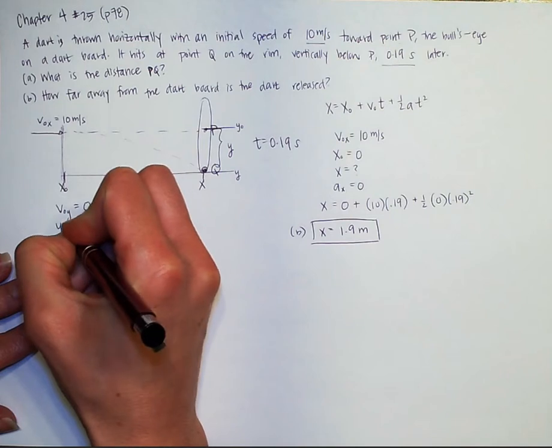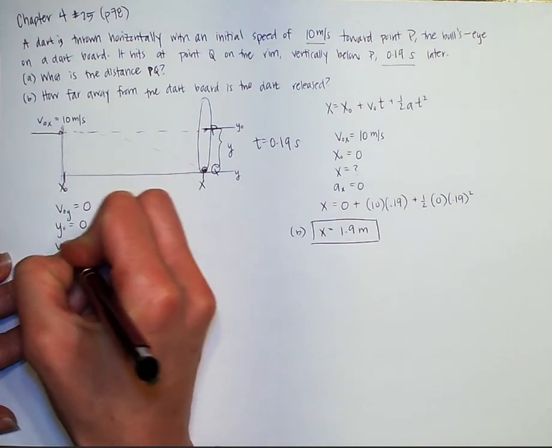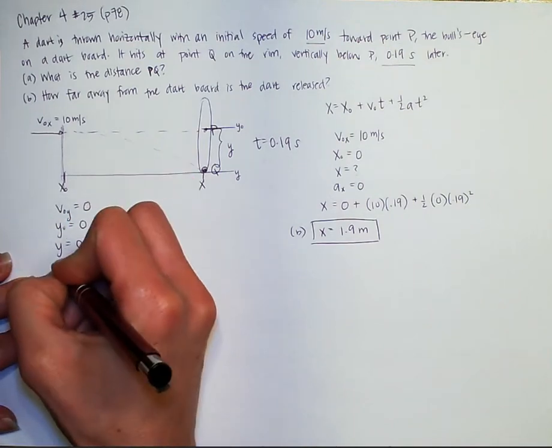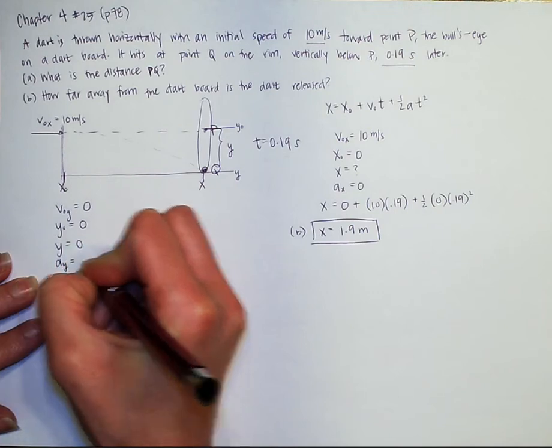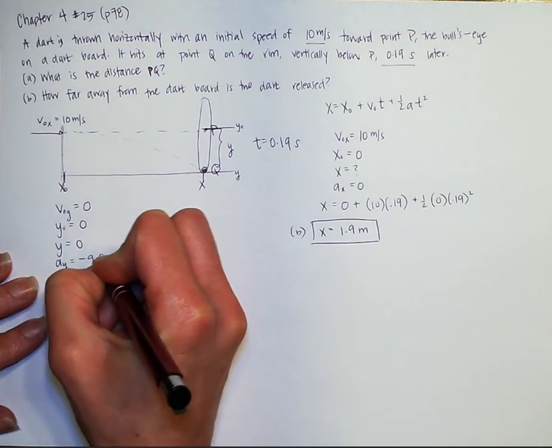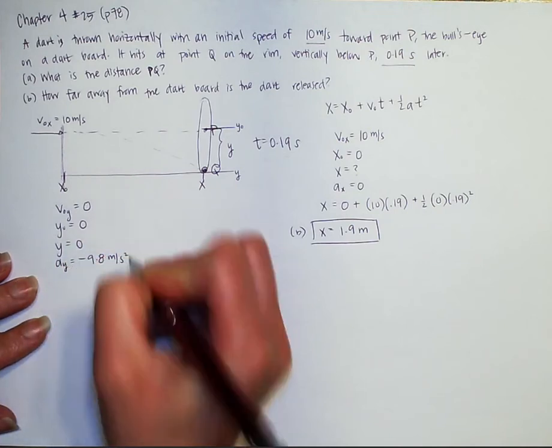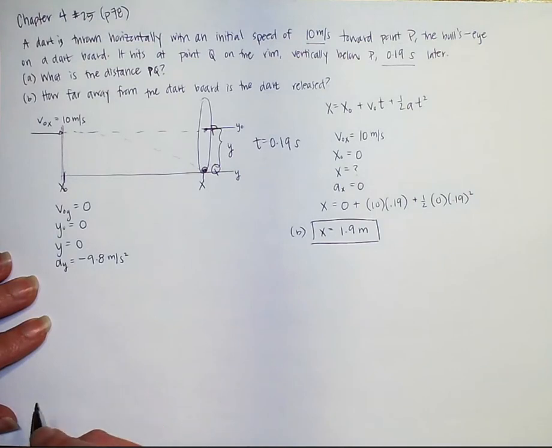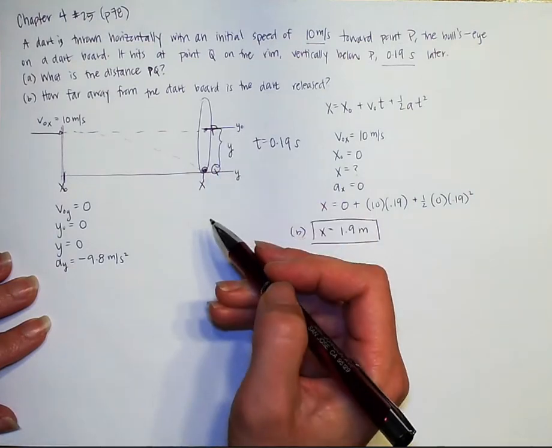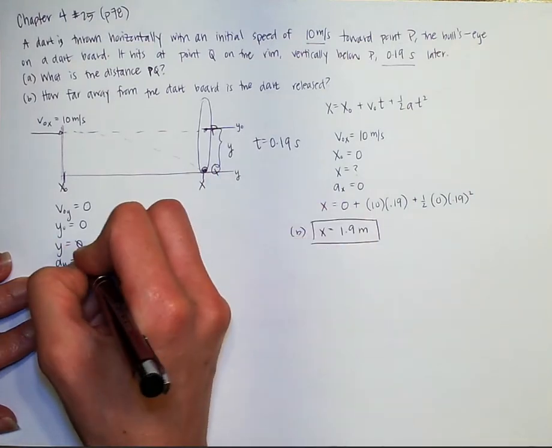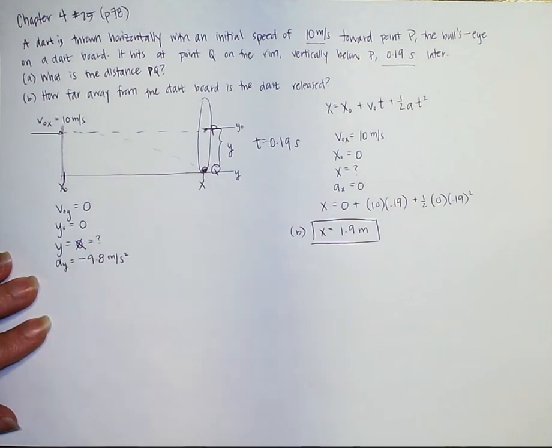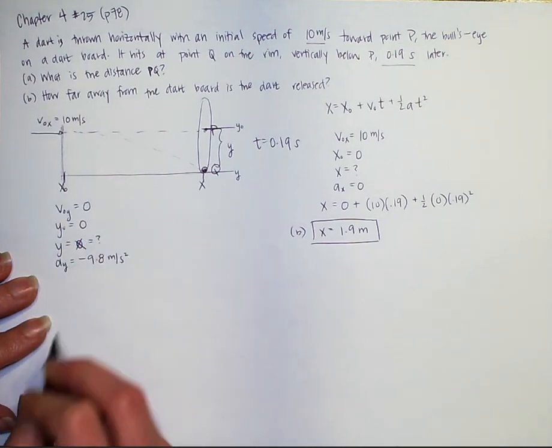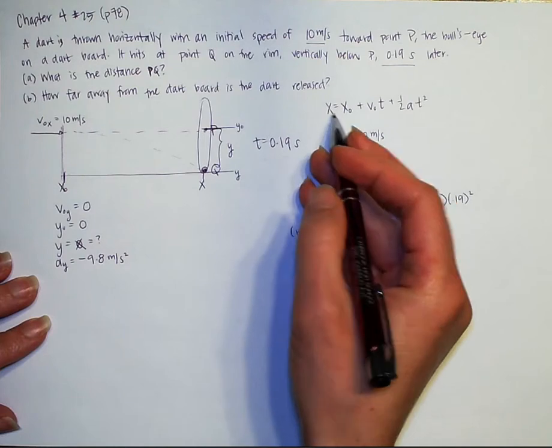So y naught equals 0. y is what we were solving for. a in the y direction is negative 9.8 meters per second squared because that is gravity. And now we will solve for our distance. Oh, I'm sorry, this is what we're looking for, so we don't know that. Let's try to solve for this.